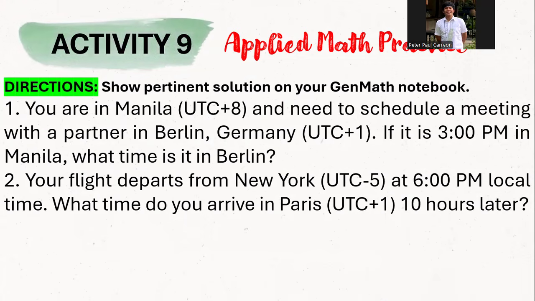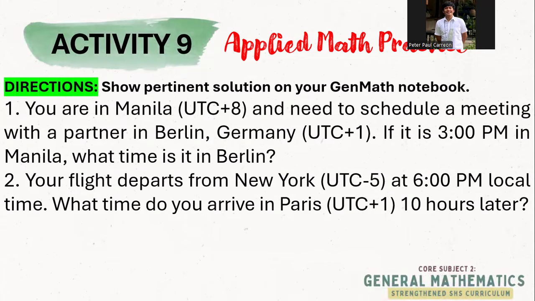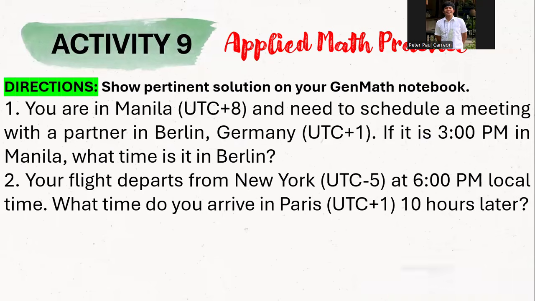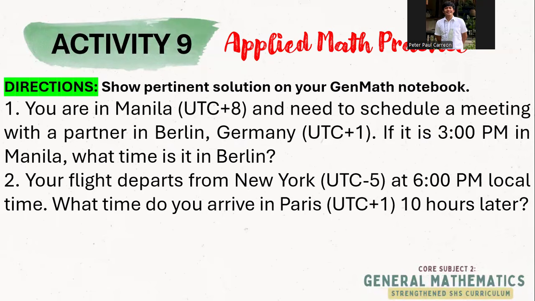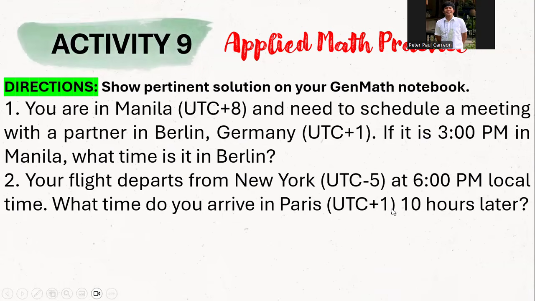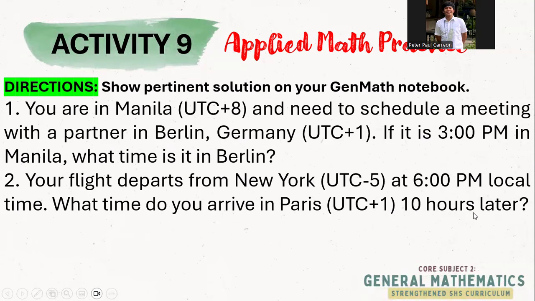If it is 3 p.m. in Manila, what time is it in Berlin? Number 2, if your flight departs from New York, UTC minus 5, at 6 p.m. local time, what time do you arrive in Paris using UTC? Again, this is in Central Europe, so it's UTC plus 1, 10 hours later.